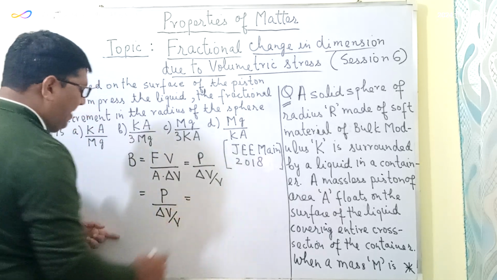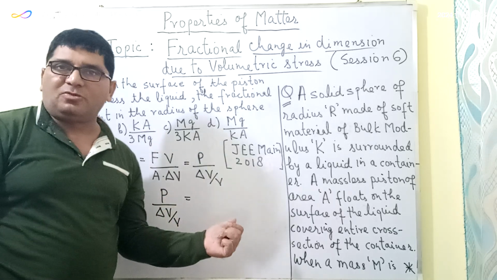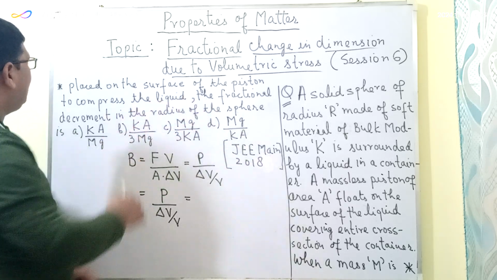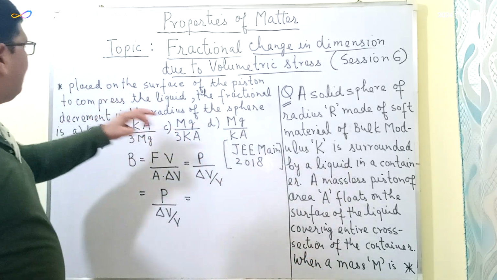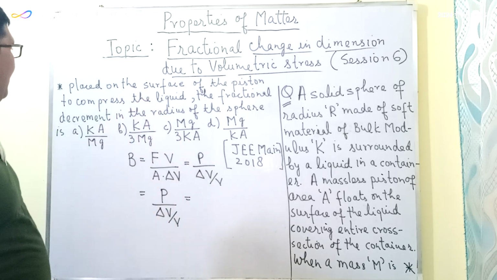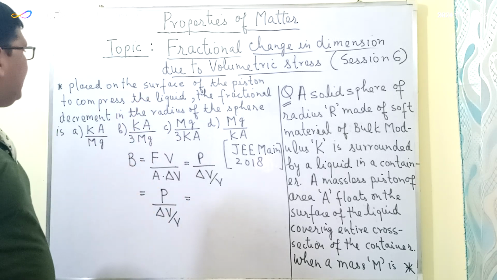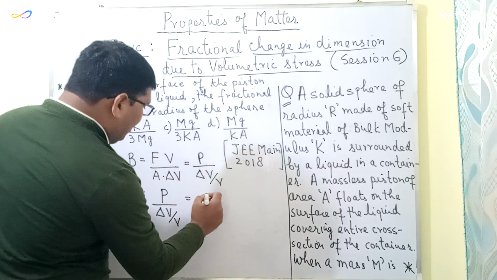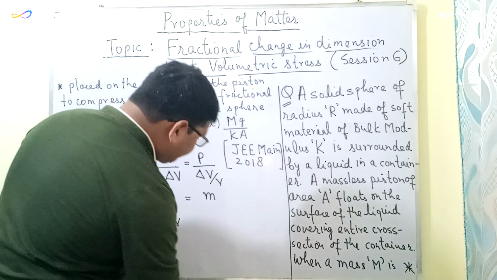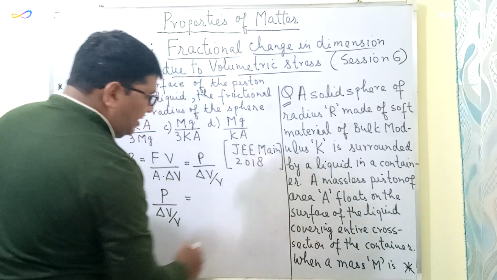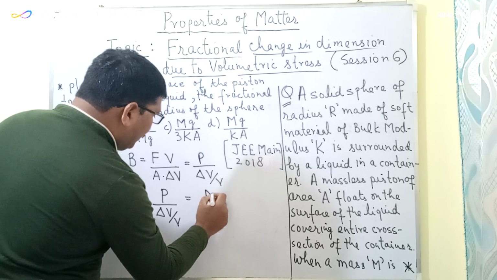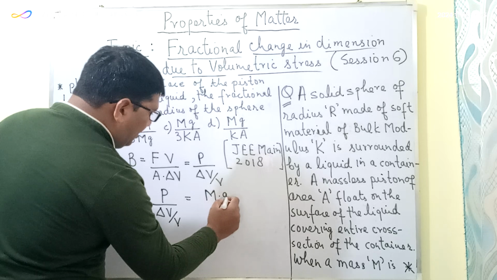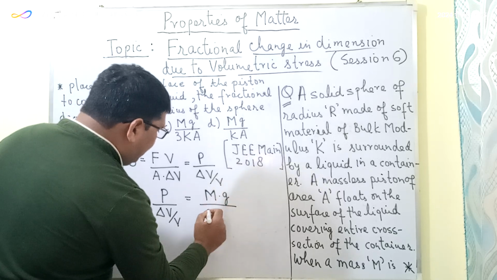Now in this case, this volumetric stress, which is also called the pressure, will be equal to, see, when a mass M is placed on this massless piston, which is floating on the surface of the liquid, the liquid will get compressed and the pressure P, or you can say the volumetric stress, will be equal to the mass M multiplied by g divided by the area of cross section.